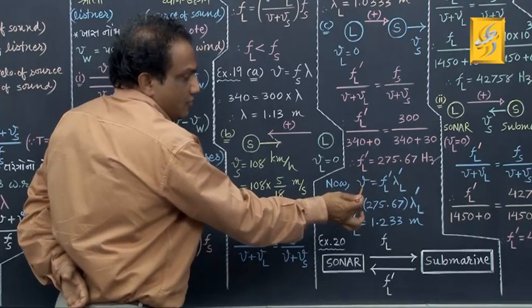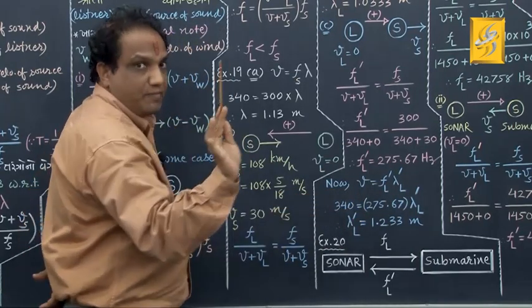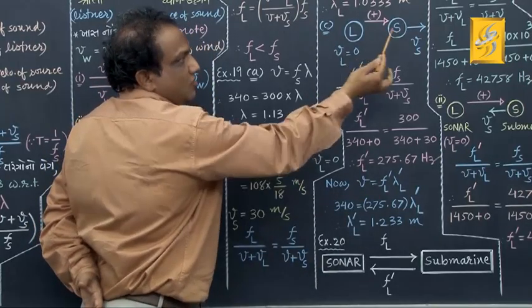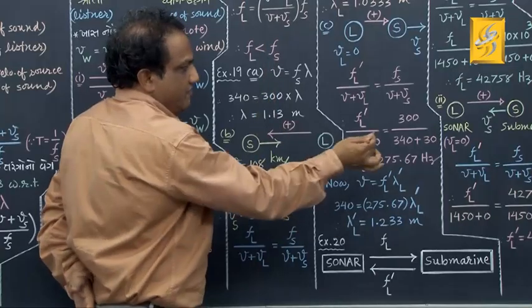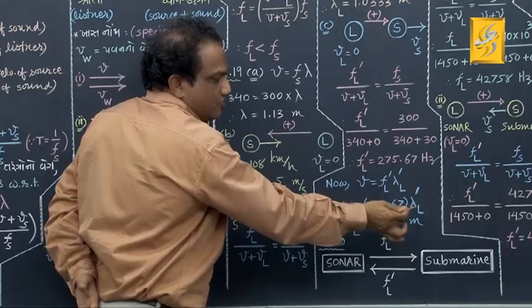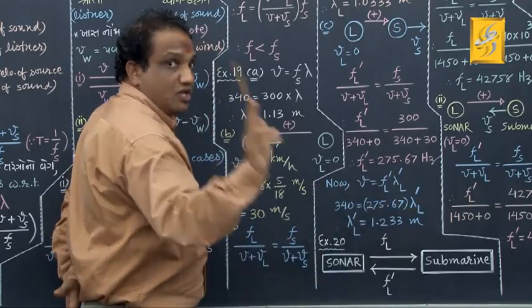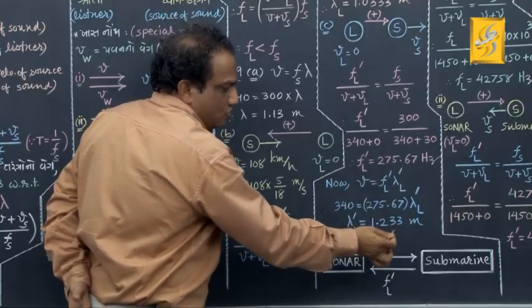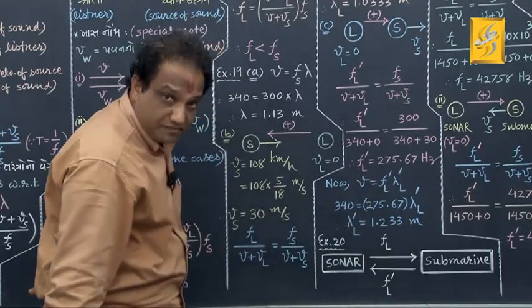The wave velocity of sound waves is 340 meter per second. The frequency of sound heard by the listener on the back side of police 1 is 275.67 hertz, and this is the corresponding wavelength. Simplify, you will get lambda L dash equals 1.233 meter.